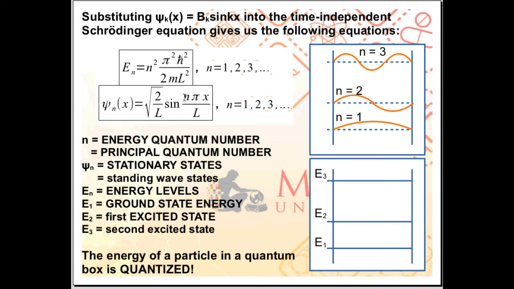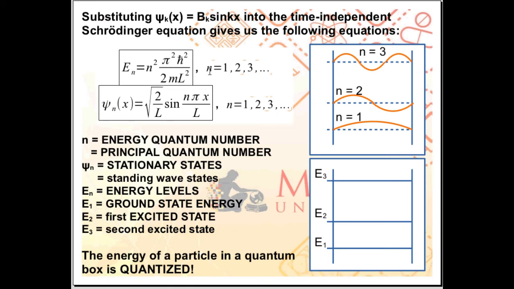From these two equations, we see that the energy of a particle confined inside a box is quantized. The energy is simply limited to E1, E2, E3, E4, and so on. We have the naming convention for the different so-called energy levels of our particle in a box.